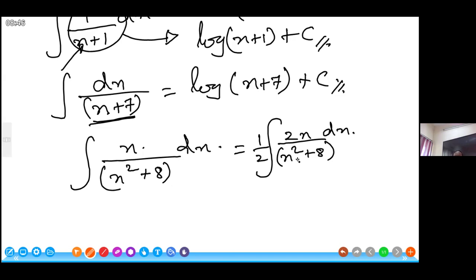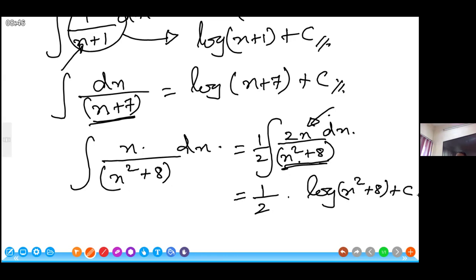The derivative of x squared plus 8 is on the top, which is 2x. So we could write this as half into log x squared plus 8 plus c. Can you remember? We did already, last week we have seen.